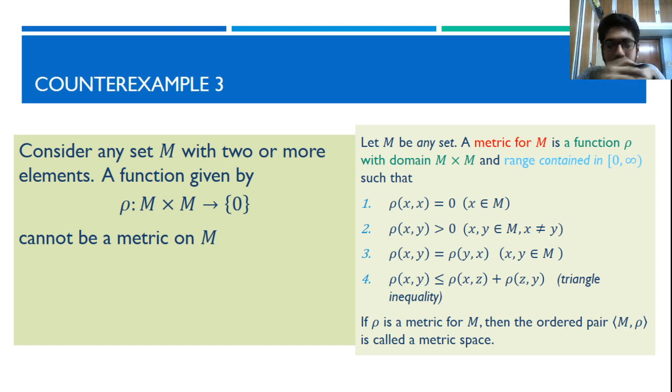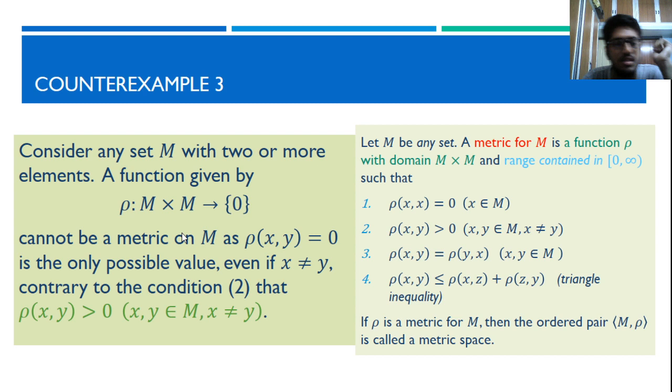It turns out it cannot be a metric, because for the second condition, if x and y are not equal, we need rho of x comma y greater than 0, which will not be possible in this case. Hence this function rho from M cross M to the singleton {0} cannot be a metric.